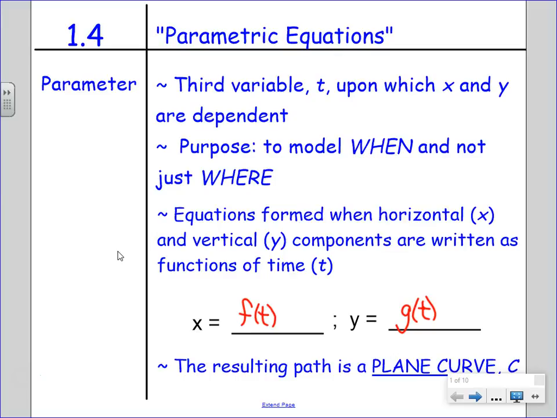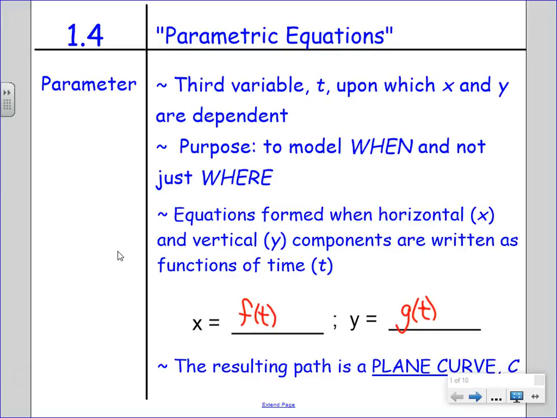Question. If x and y are defined separately, can parametric equations, a set of two equations, be functions while still failing the vertical line test? Yes. Why? Because they're not in rectangular.